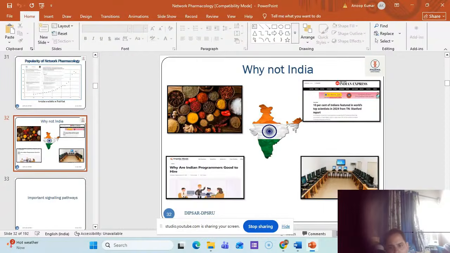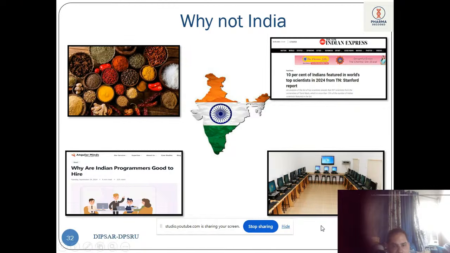So I hope till now you get an idea of what network techniques are and where you can apply them. And as I am saying, why not India? I always feel that, because if you just see how much work across the globe Chinese researchers are doing on the network. Chinese are very fast, you all know, and with respect to scientific evidence for traditional Chinese medicines, they have generated a lot of data for their medicines. So that's why I always ask, why not India?